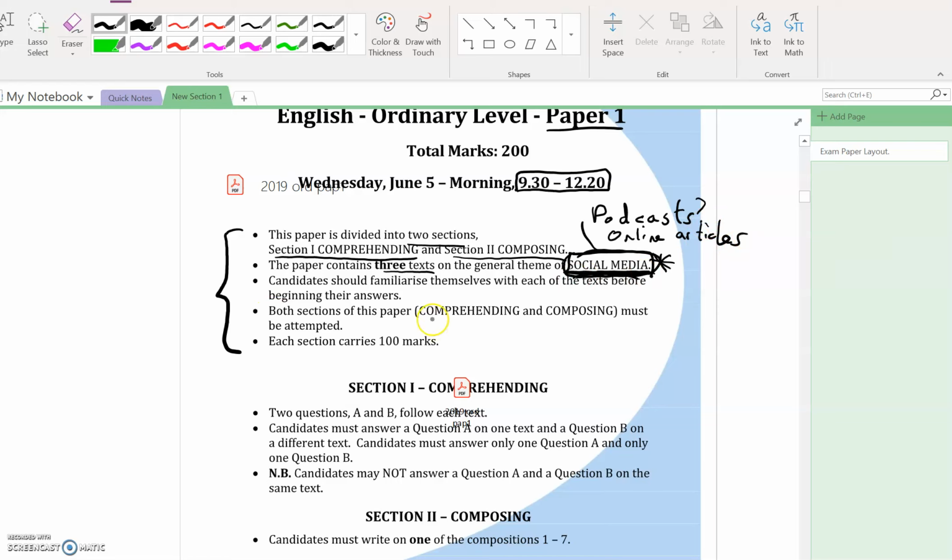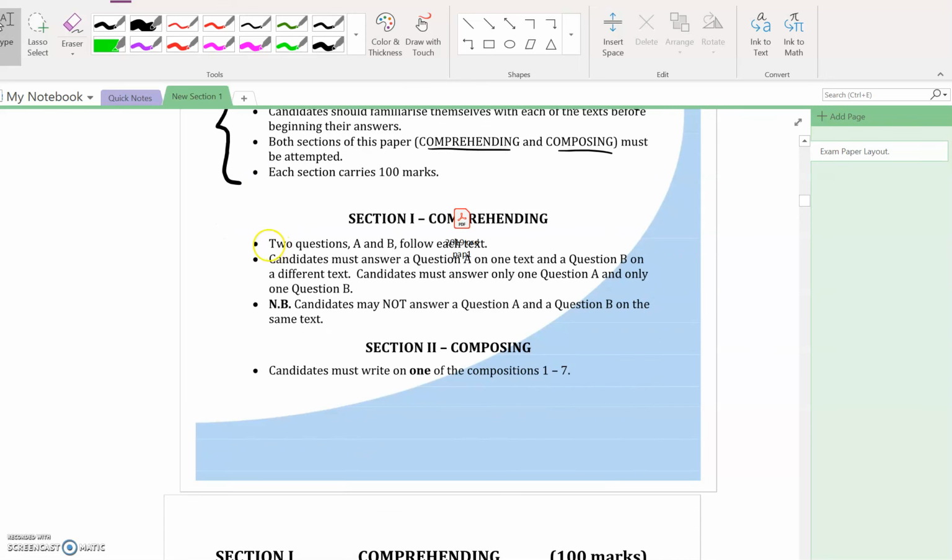Both sections of this paper, comprehending and composing, must be attempted. But here's the important thing down here. You must do 2 questions: a question A and a question B. But you must answer a question A from one text and a question B from a different text.